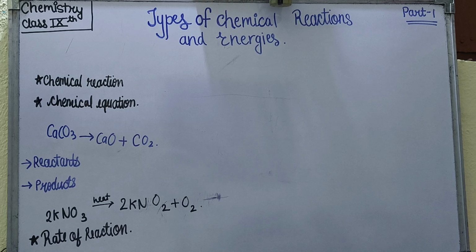So the definition of rate of reaction is: rate of reaction can be defined as the change in the concentration of a reactant or product per second, or it can be defined as an increase in the concentration of products or decrease in the concentration of reactants per second.